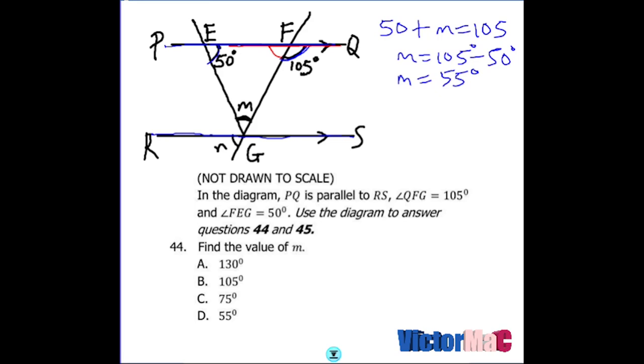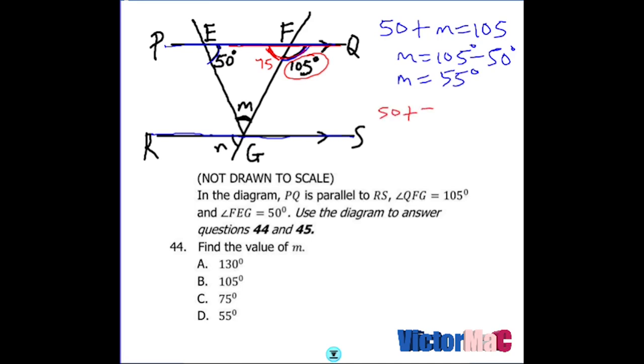Angles on a straight line add up to 180, so angle EFG is supplementary to angle QFG. So 105 plus 75 on a straight line gives us 180. I subtracted 105 from 180 to get 75, and then we can use the formula for the sum of angles in a triangle.